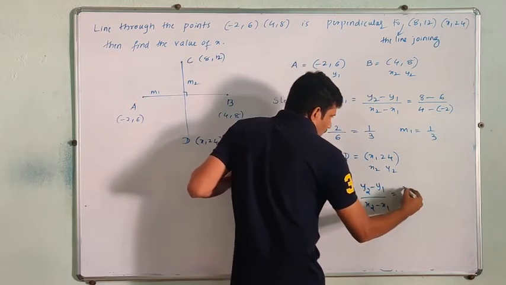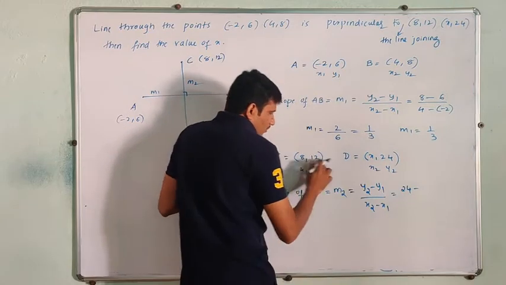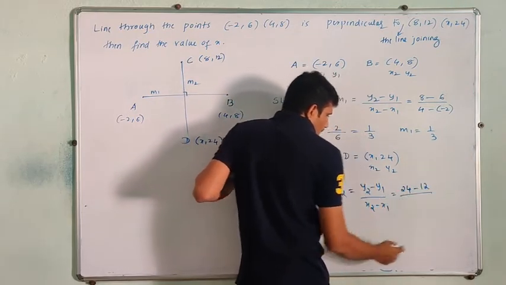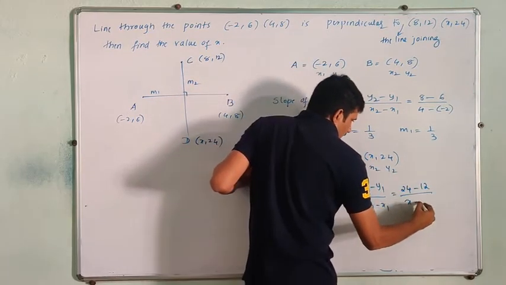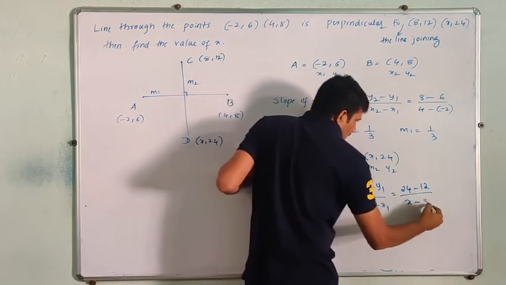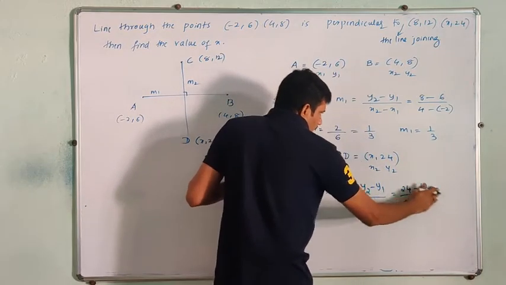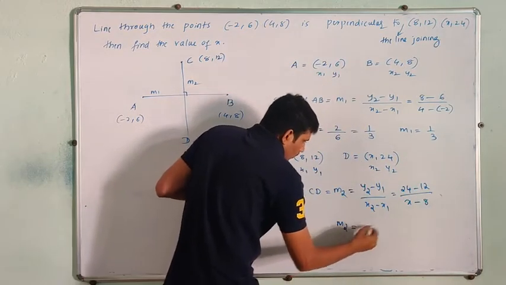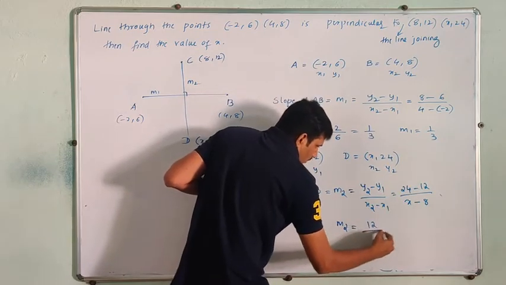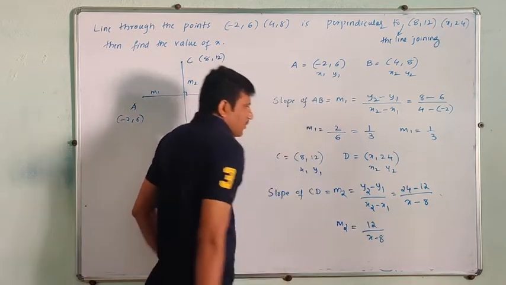What is y2? It is 24, minus y1 which is 12, divided by x2, which is x, minus x1, which is 8. So m2 is equal to 24 minus 12, that is 12, divided by x minus 8.